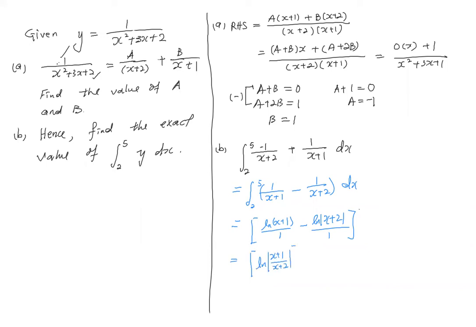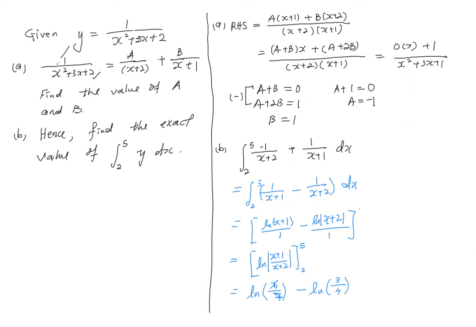Yeah, close. 2 to 5. Okay, so this will be ln 6/7 take away ln 3/4.